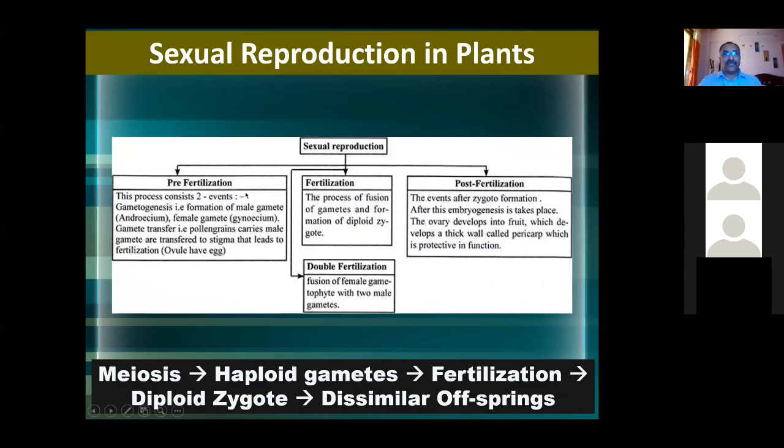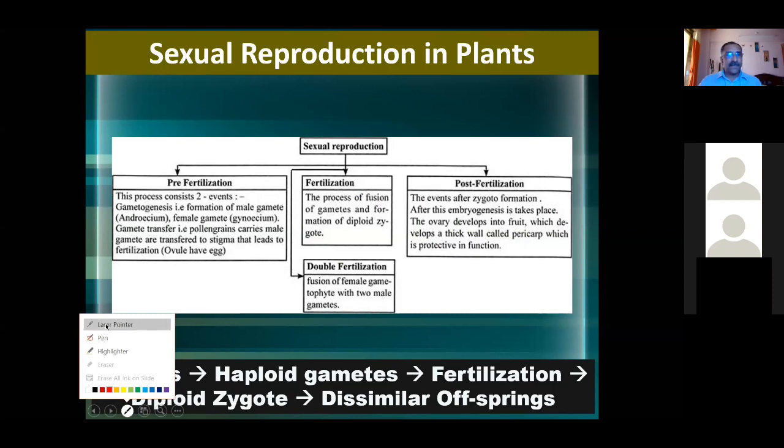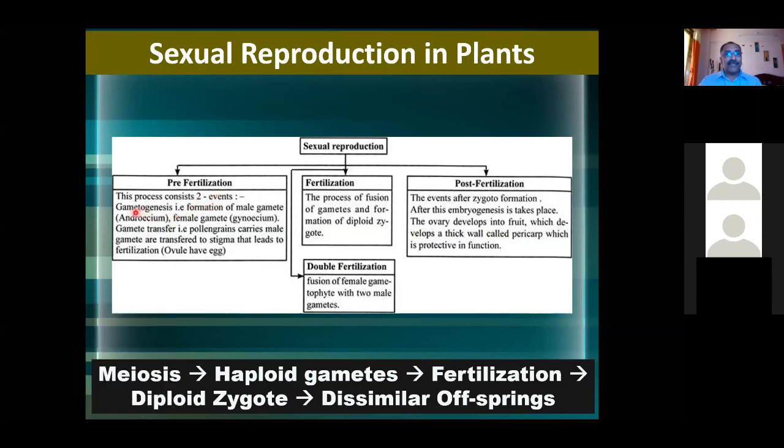In sexual reproduction, 3 stages I told you: pre-fertilization, fertilization, and post-fertilization. And what are the events in pre-fertilization? Look at them. In pre-fertilization, 2 events are there. That is called gametogenesis. Gametogenesis means formation of male gamete and female gamete.